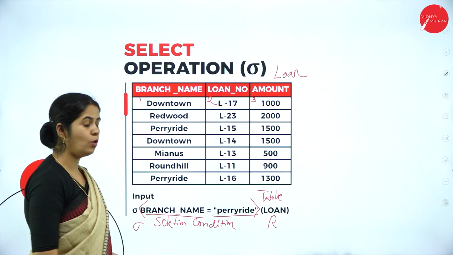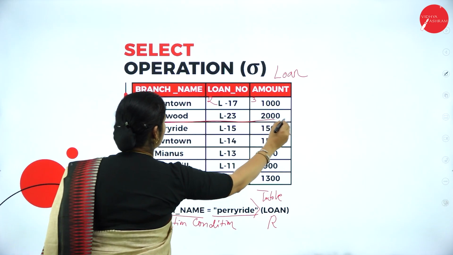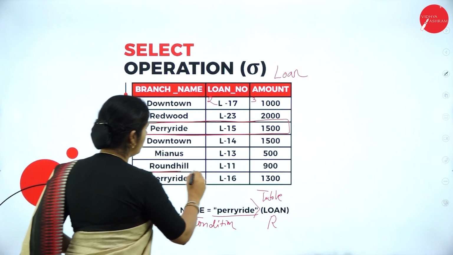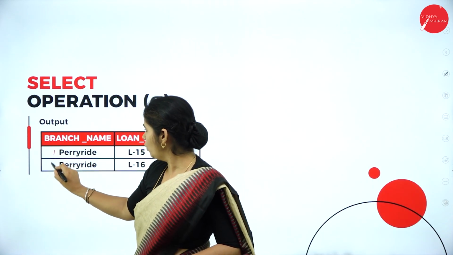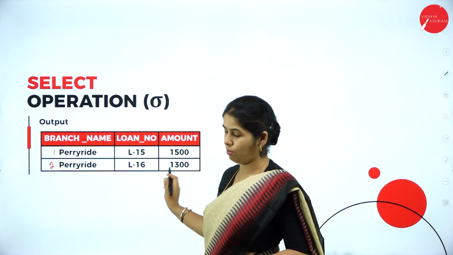So what would be the output? The output should be: it has to select this complete row, and where else do we have it? Here we have one more. So it is selecting two complete rows from the given table.